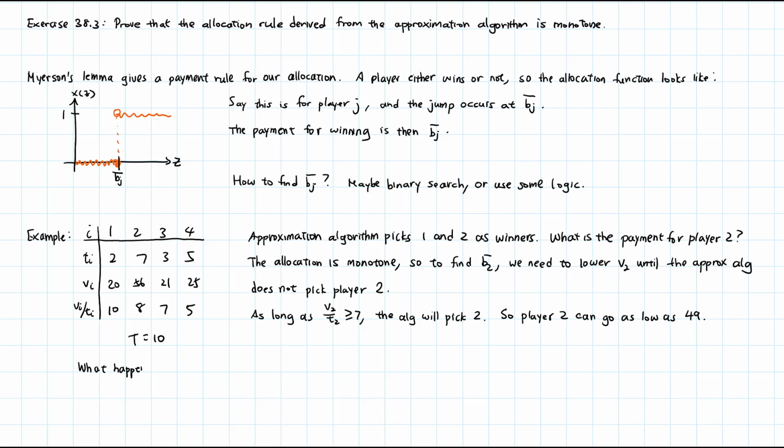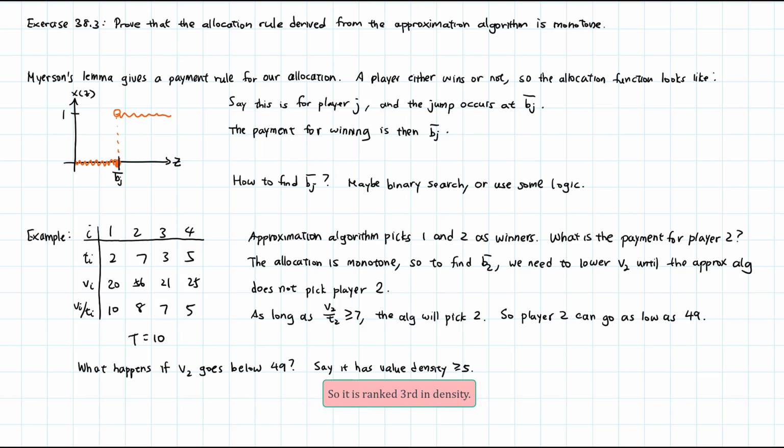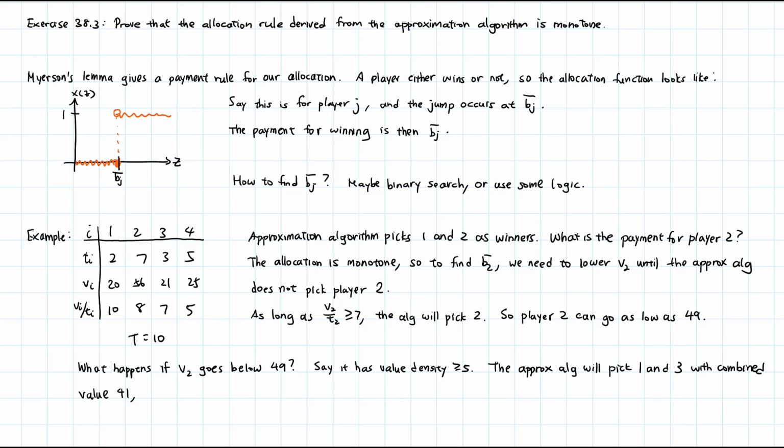Now, what happens if v_2 gets below 49? Could it still win? Say it has value density at least 5. The approximation algorithm will pick 1 and 3 with combined value 41.